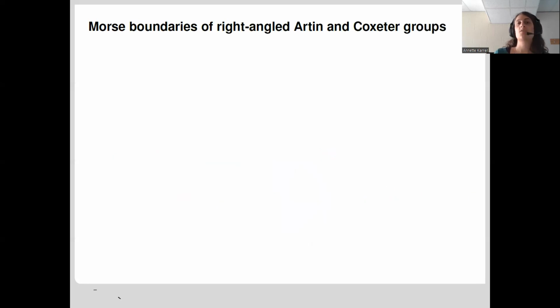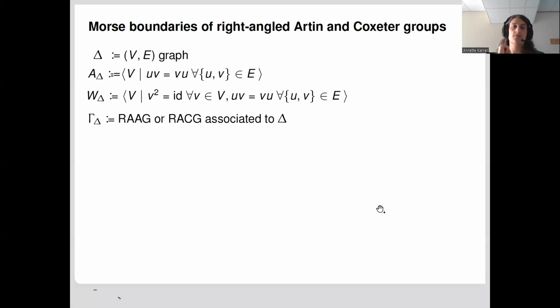Now we would like to understand Morse boundaries of right-angled Artin and Coxeter groups. So what are those groups? If delta is a graph, then the associated right-angled Artin group is generated by the vertices of the graph, and two generators commute if there is an edge between them.